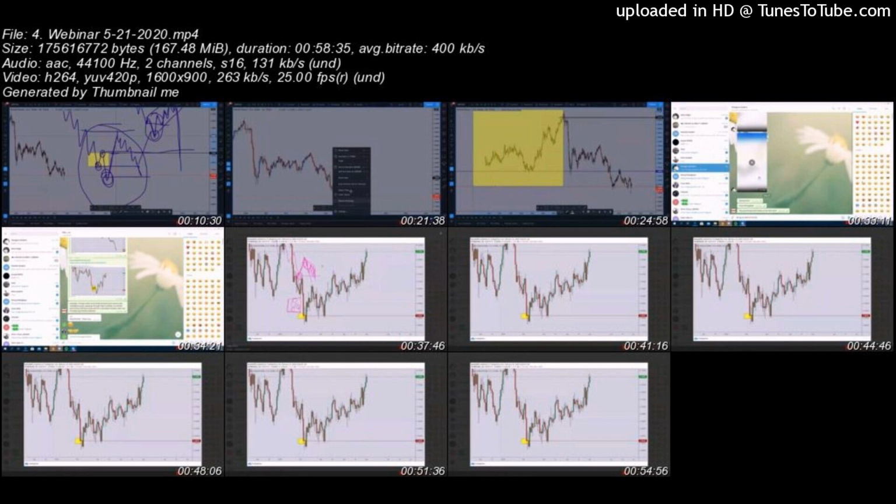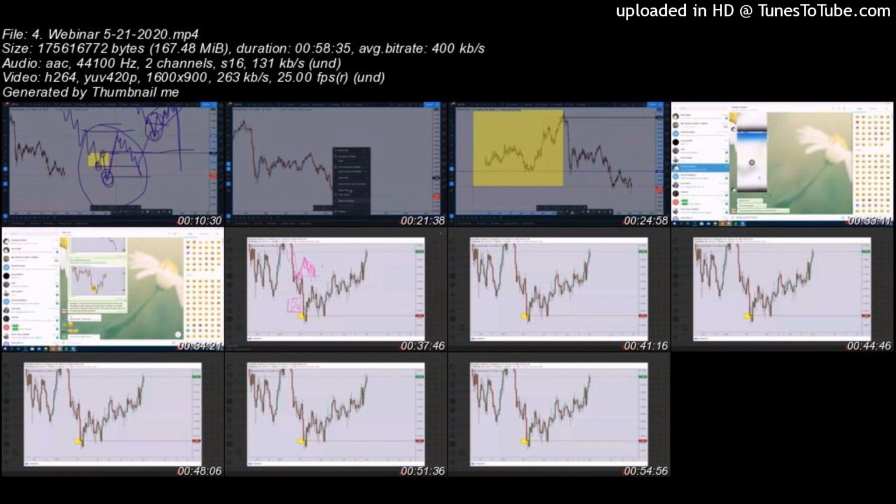So the break below the previous higher highs and higher lows is what shows. Wait, this is not a very good example. Let me look for another example.